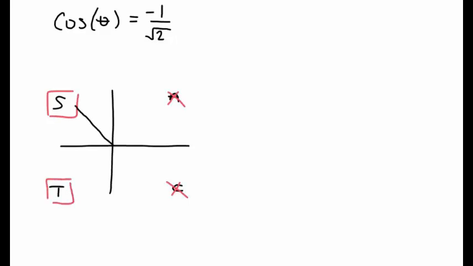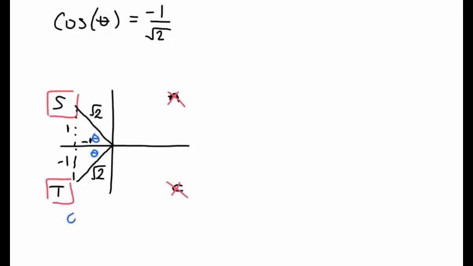So let's go ahead and put in our right-angled triangles and our reference angles theta. And I know that cosine is adjacent over hypotenuse. So our hypotenuse here is going to be square root of 2, and our adjacent side is going to be negative 1. This is a 1, 1, root 2 triangle.